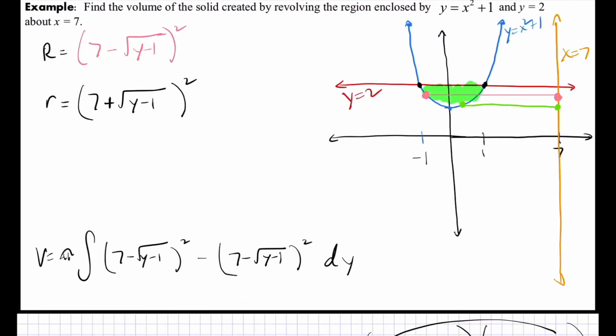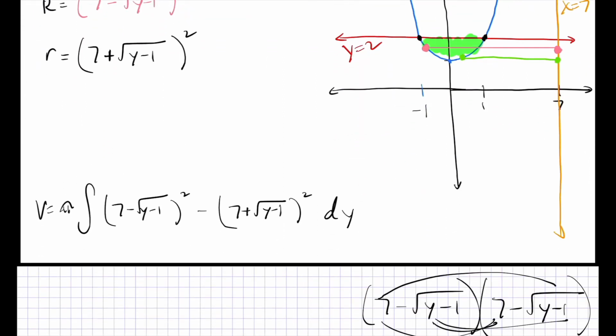Okay? So that means this guy right here will be positive. Now that's going to change some things, but not everything. Because when we do FOIL here, you're going to get the same numbers. The signs will be different though.